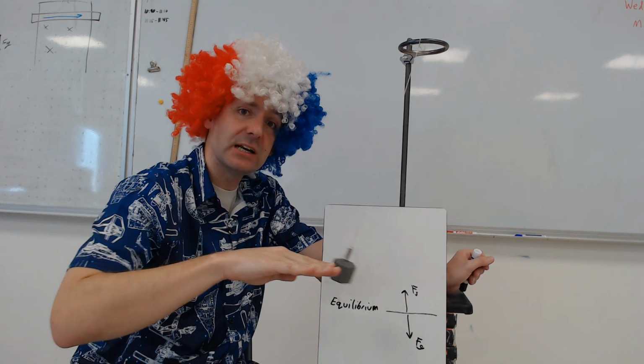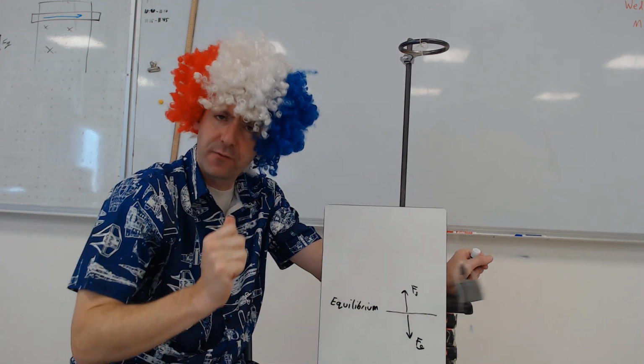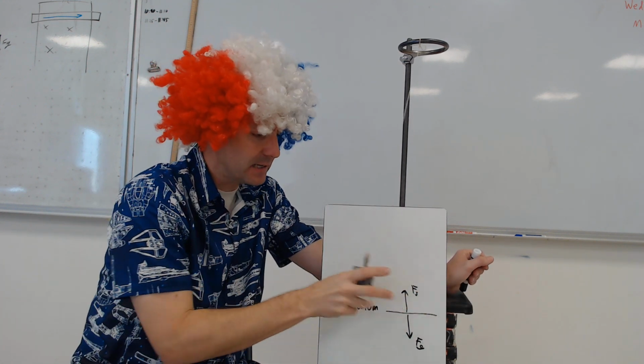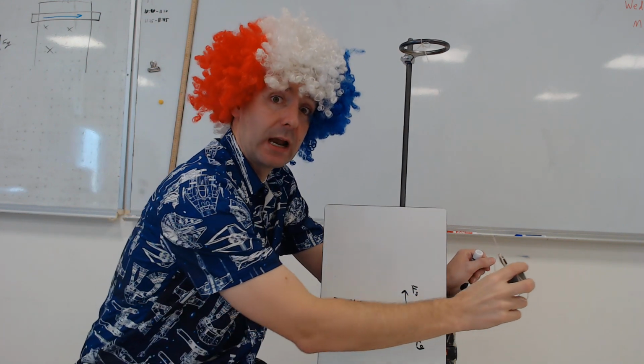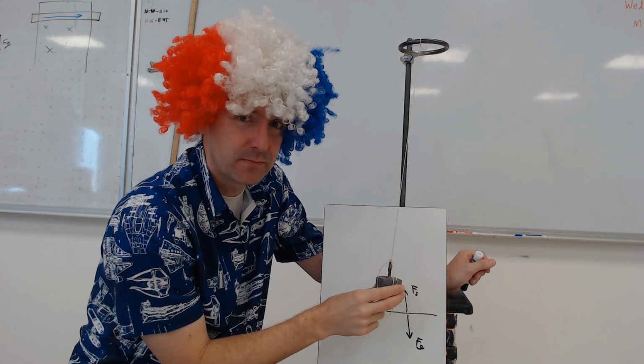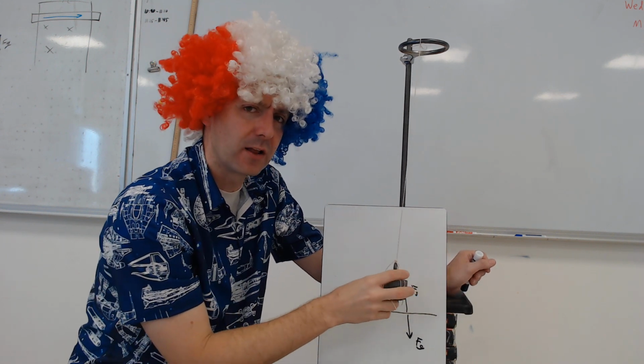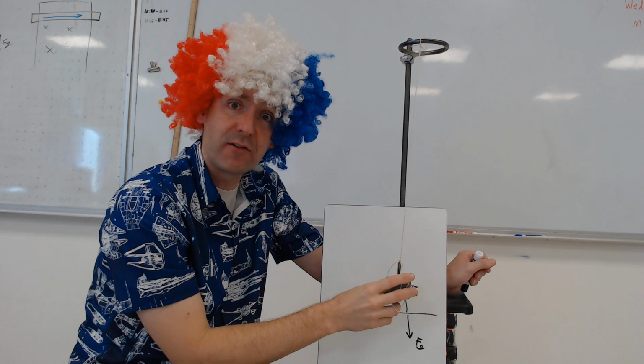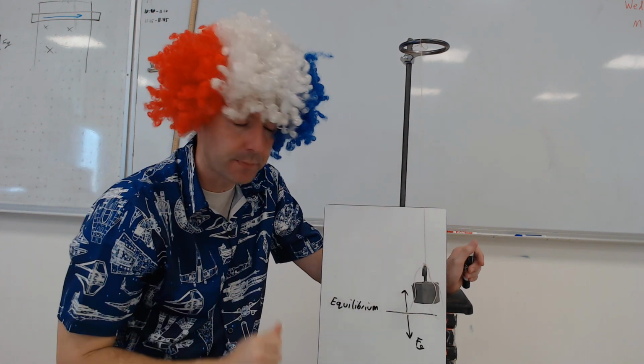If it were to stay in a straight line at that height, then we could say that the forces are balanced. The fact that as it goes through that point, it starts swinging upwards actually means that at that point, the forces are not balanced, right? The tension, we've talked about this before in class, the tension has to be a little bit bigger than gravity, otherwise it wouldn't swing upwards, all right?